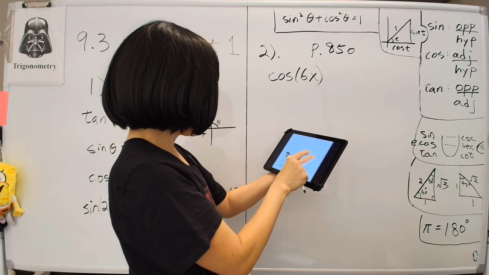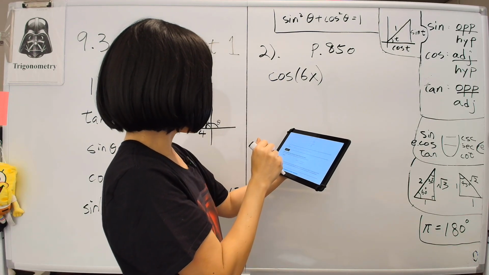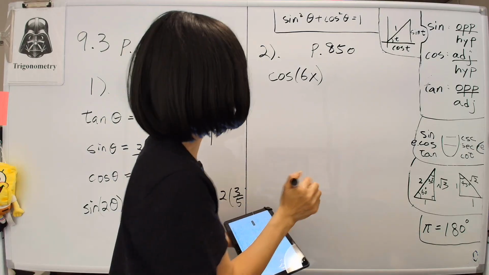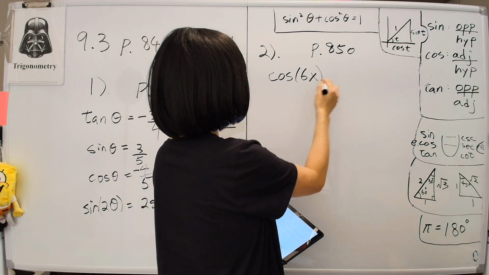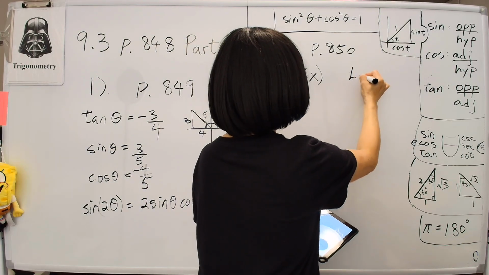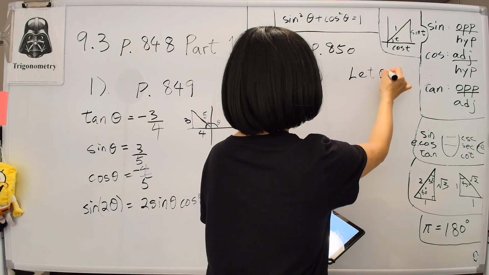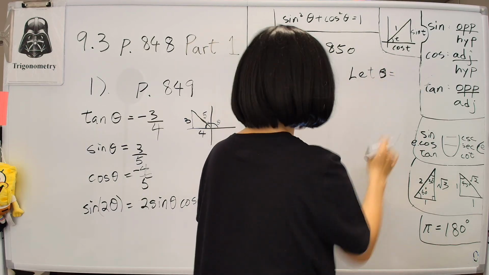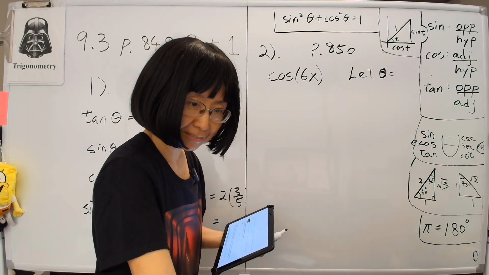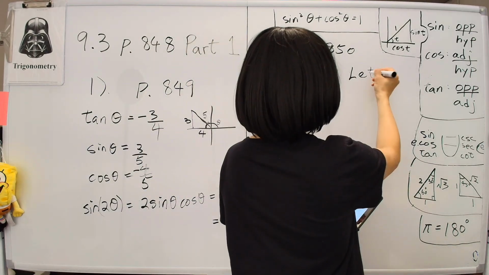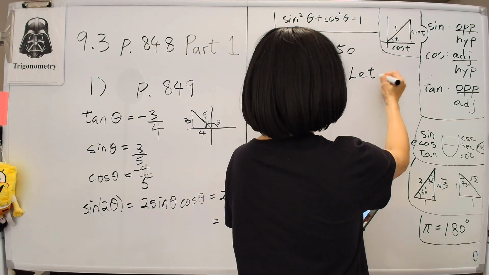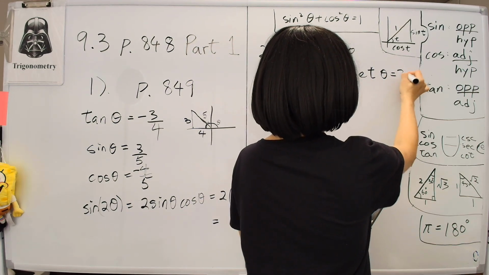It says that we have to write cosine 6x in terms of cosine 3x. That is, we'll let theta equal 3x. So let theta equal 3x.